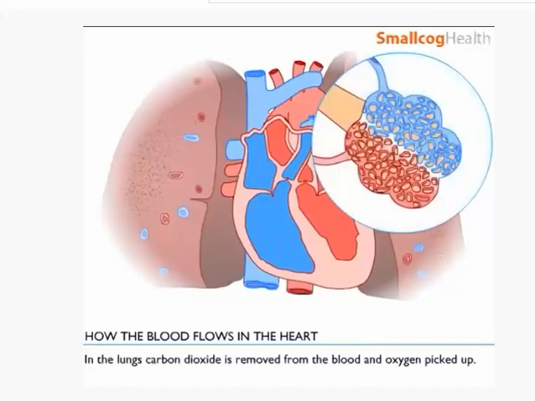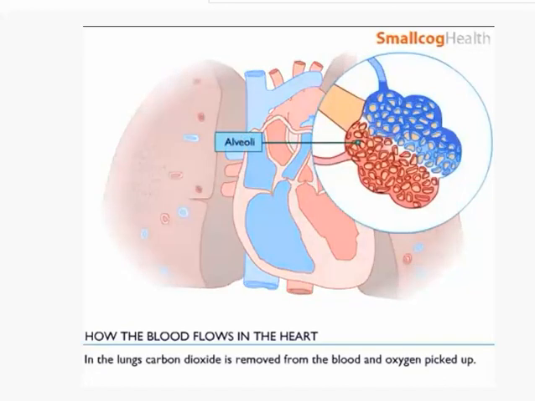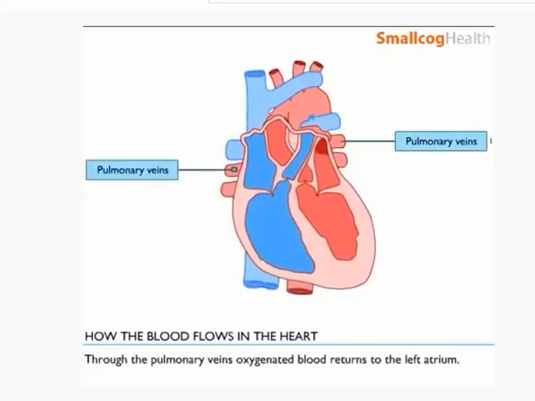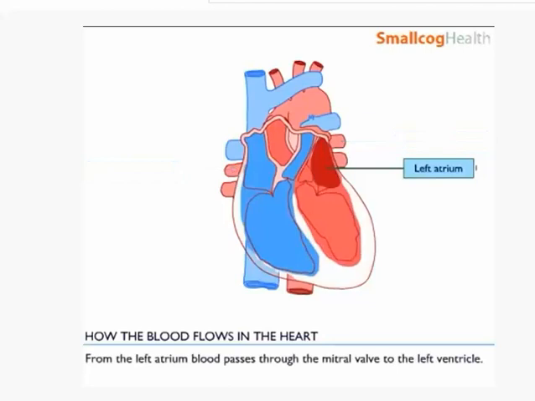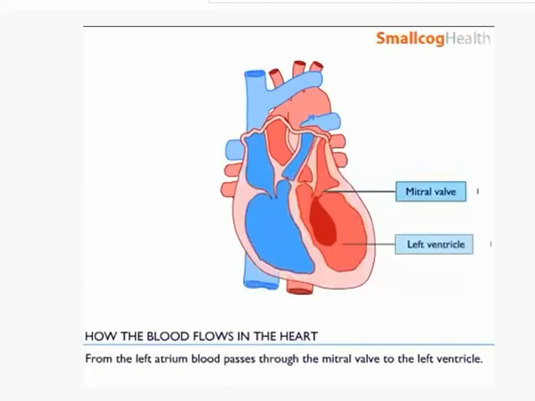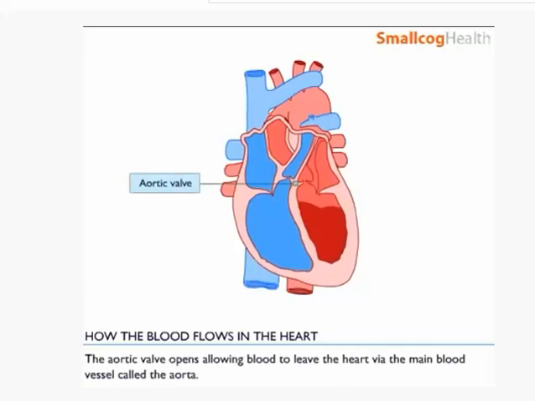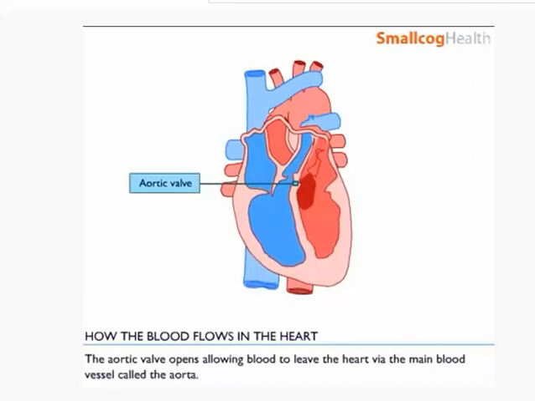In the lungs, carbon dioxide is removed from the blood and oxygen is picked up. Through the pulmonary veins, oxygenated blood returns to the left atrium. From the left atrium, blood passes through the mitral valve to the left ventricle. As the left ventricle contracts, the pressure closes the mitral valve. The aortic valve opens, allowing blood to leave the heart via the main blood vessel called the aorta.